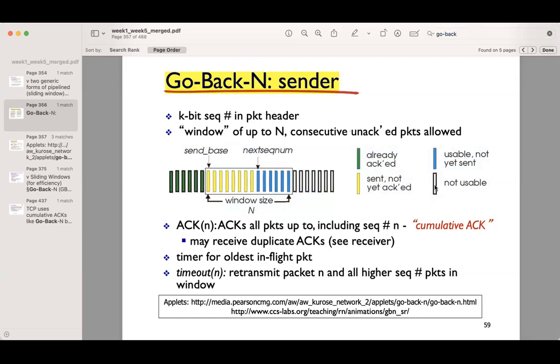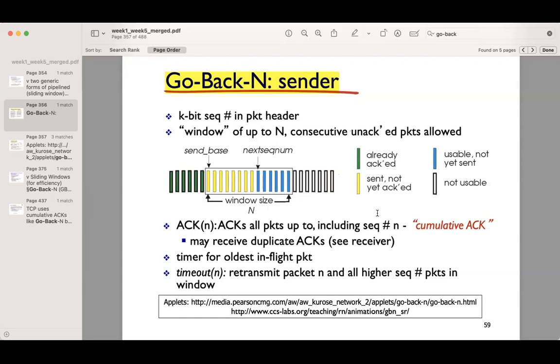And the white one is not usable, because we only have the window size here, and we are not allowed to send lots of packets at the same time, to avoid traffic congestion. So make sure you can understand this graph, because this graph is very important for go back N and selective repeat.